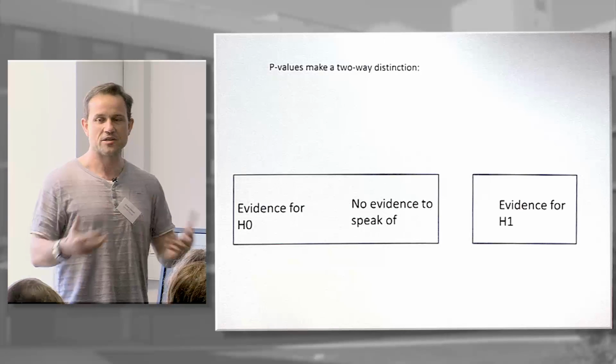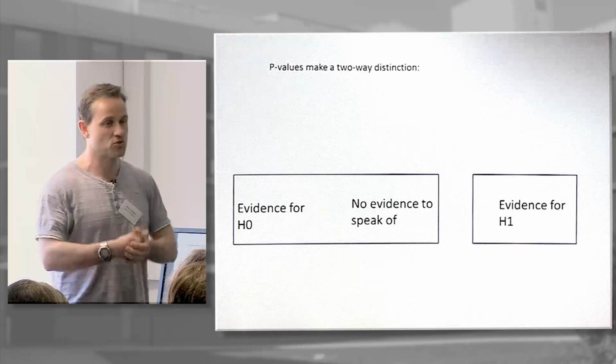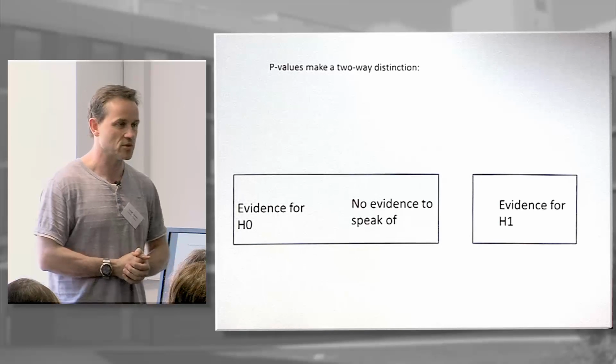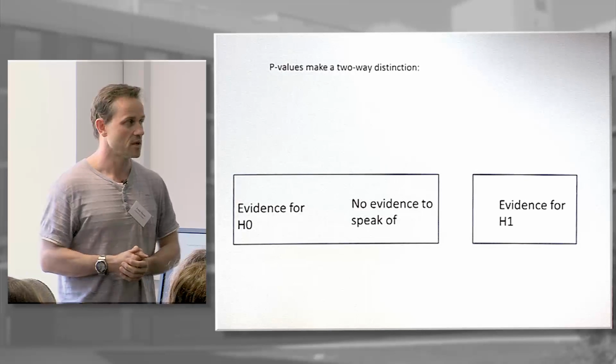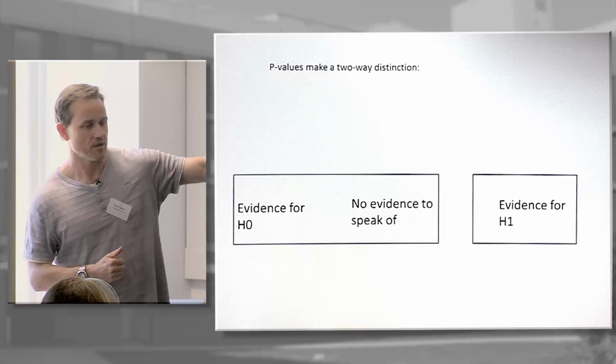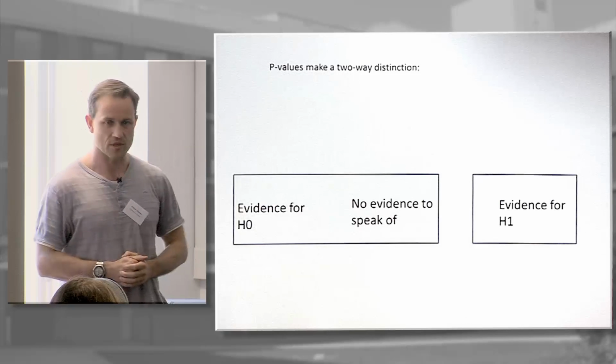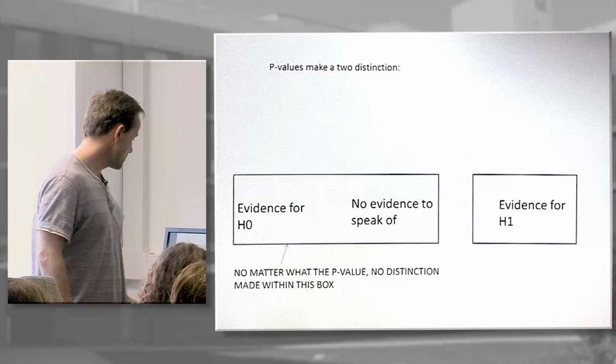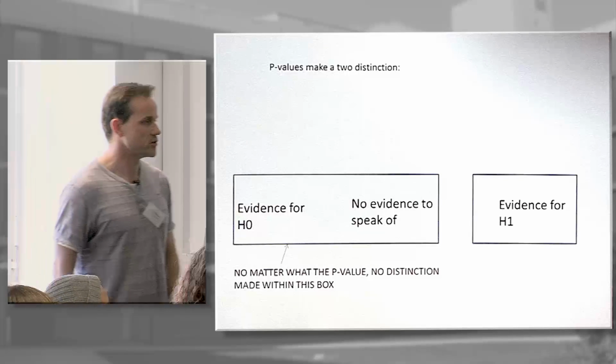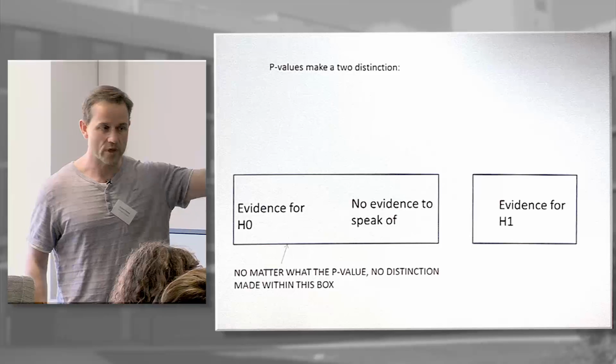There are conditions under which p-values do express some evidence, and when they do that, they're distinguishing those two states of affairs. And in particular, no matter what the p-value, no distinction is made within that box there.